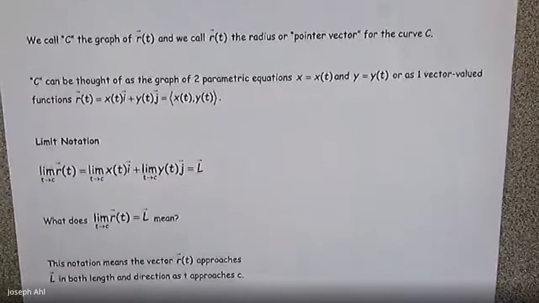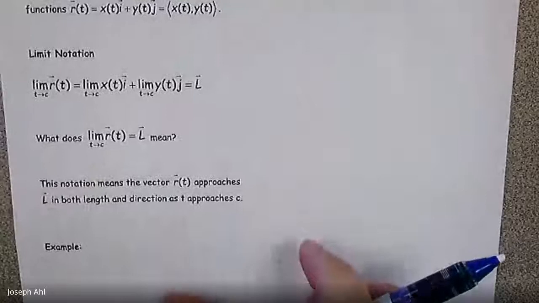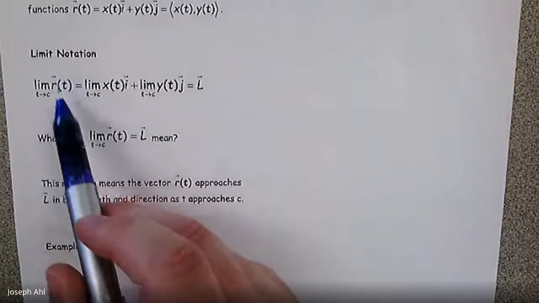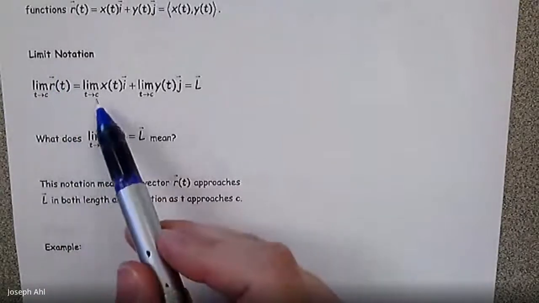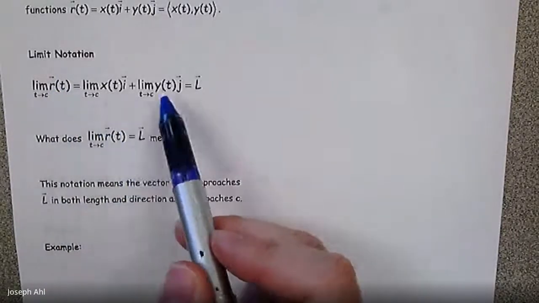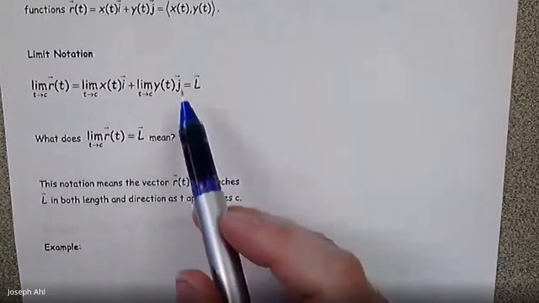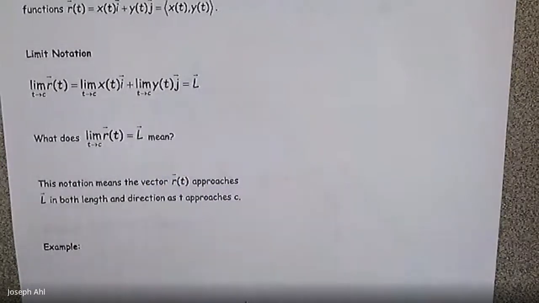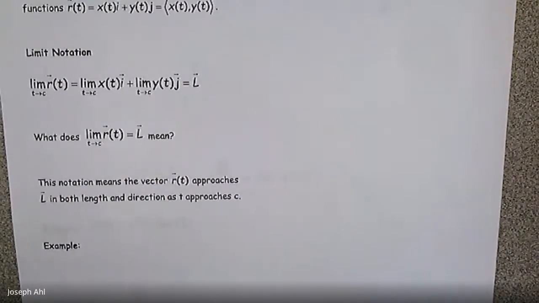So now we're going to start bringing in some more calculus here with some limits. For the limit as t approaches c for some vector valued function r of t, that would just equal the limit as t goes to c for each component individually. And the result of that limit would be some limit value that represents a vector, so some value L, where L is a vector result.